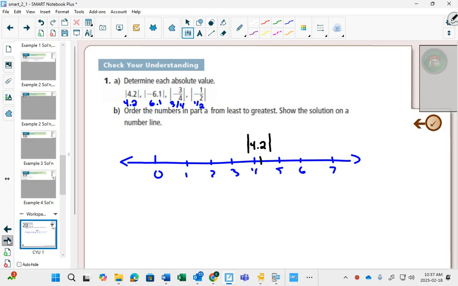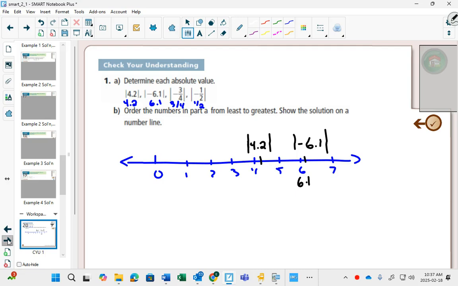The absolute value of negative 6.1 would be right there on your number line. Yes? I thought we were supposed to put the numbers, not the absolute values. Well, it says show the solution on the number line, so order the numbers. The number could be written this way or this way. I'm writing them in absolute values just so you can see what they are. If you had written this as 6.1, it would be considered the same.